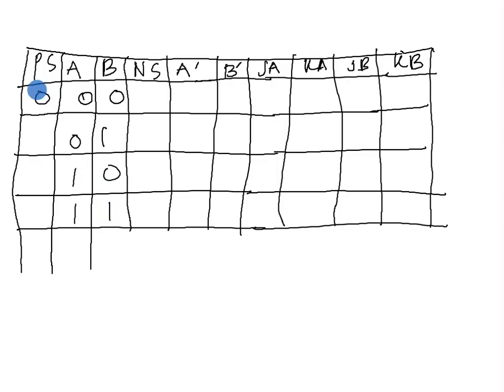Convert to decimal, 0, 1, 2, 3. After this, we have to fill in JA, KA, JB, KB.